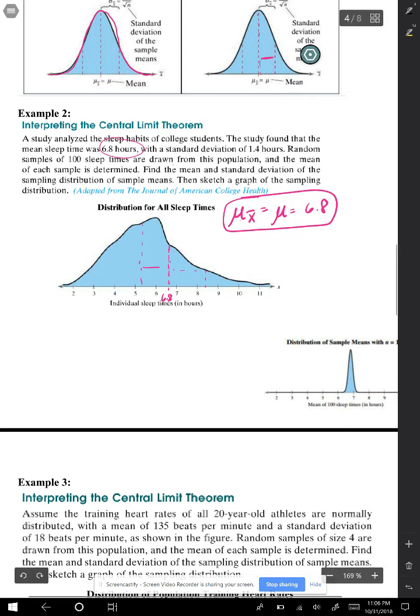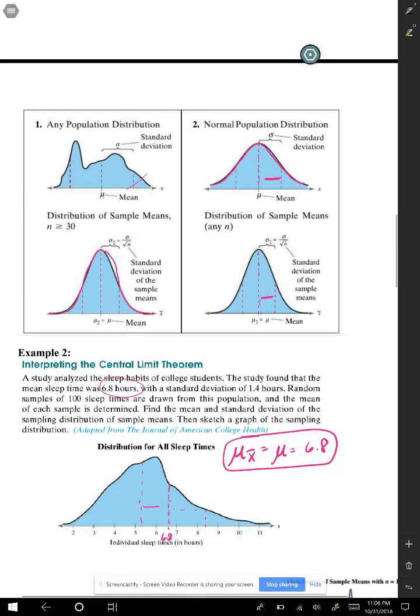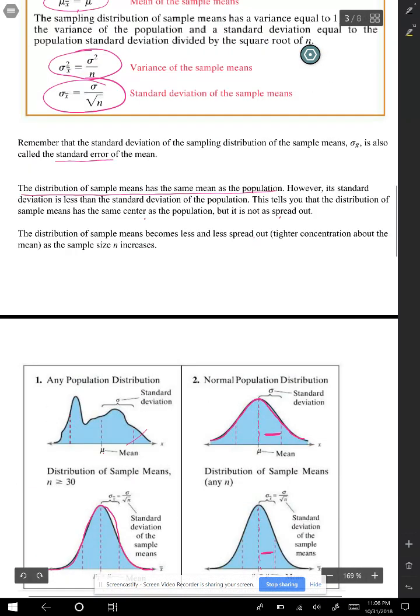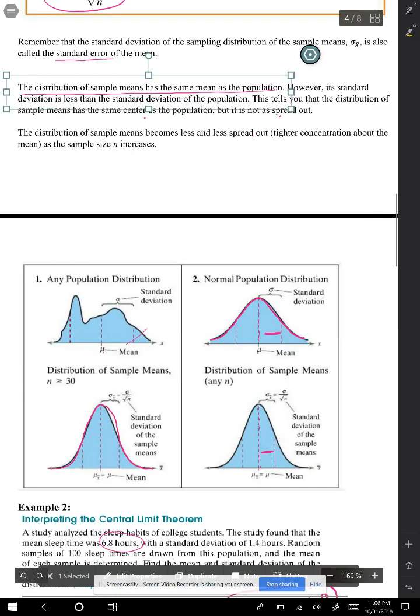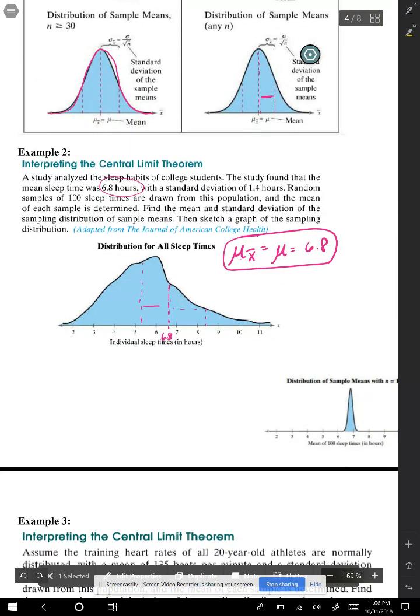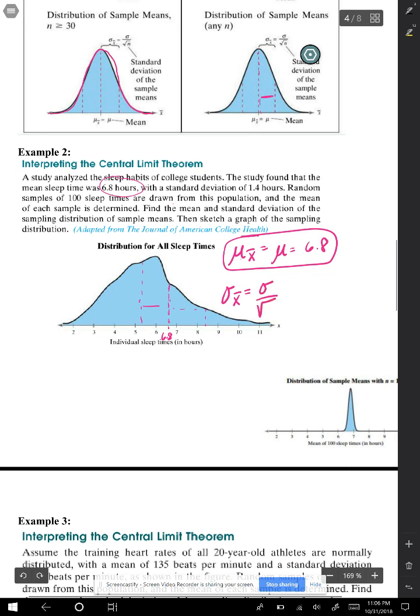And then we're going to find the standard deviation. We're told from the central limit theorem that the standard deviation is the standard deviation of the population divided by the square root of the sample size. So the standard deviation of the sample means is equal to the standard deviation of the population divided by the square root of the sample size.